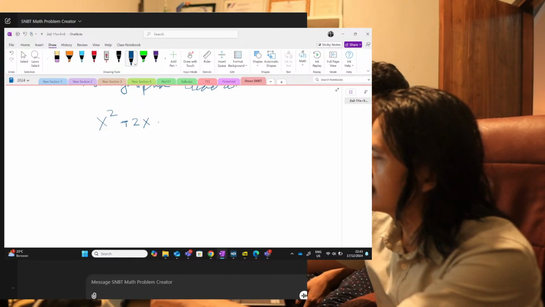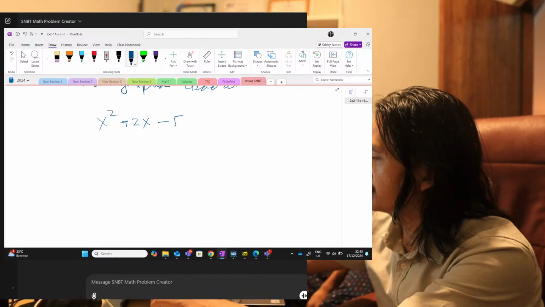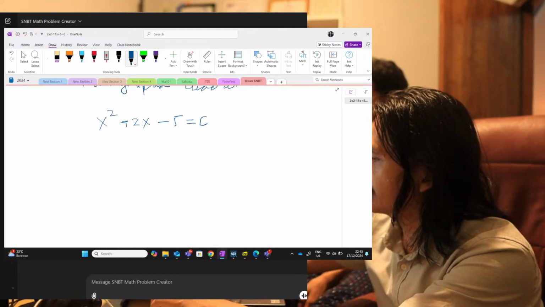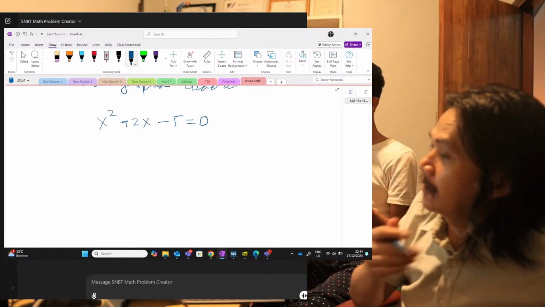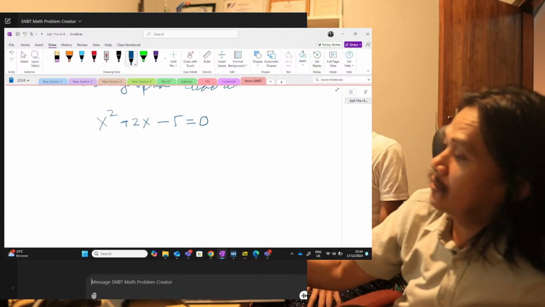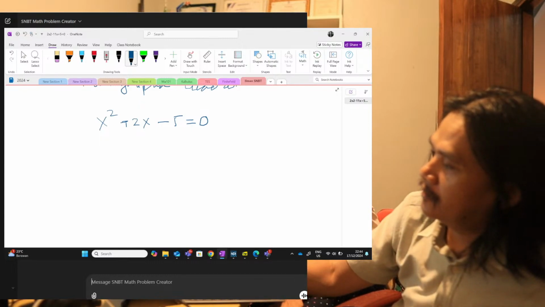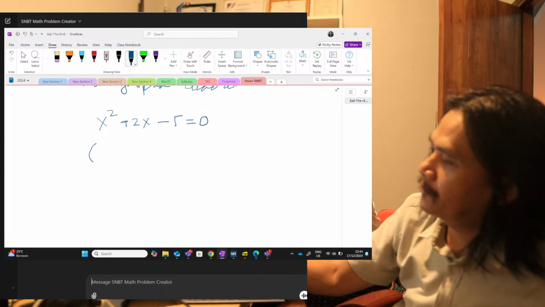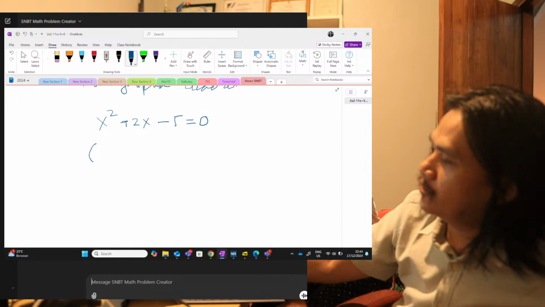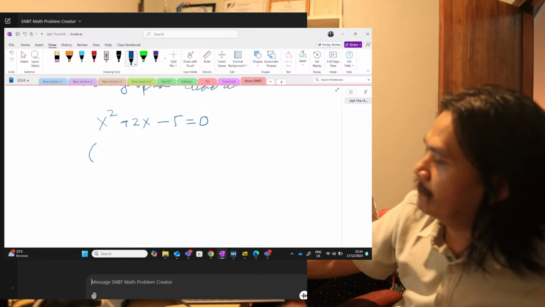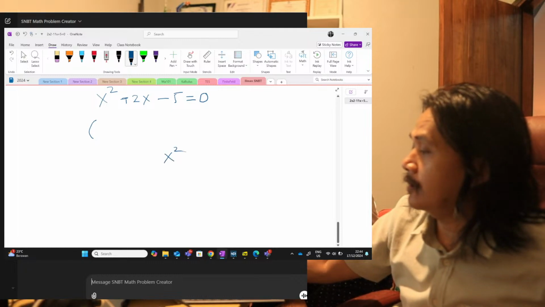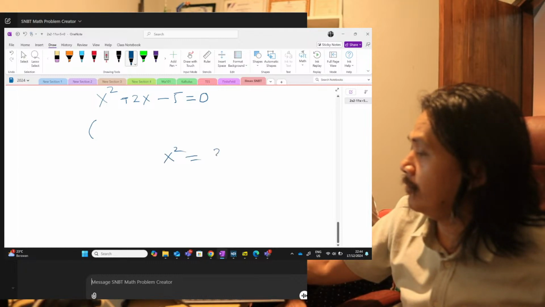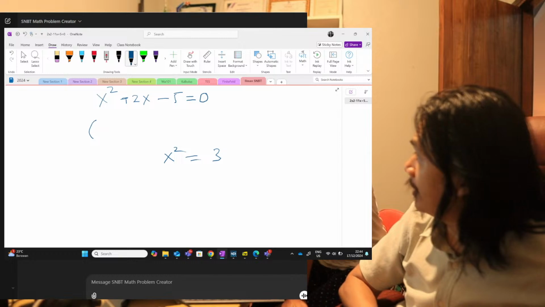Bapak mencari soal. No, like this, for example. So this idea is based on the fact that if you have a very simple equation like x squared equals, let's say, 3, you know the x, right?